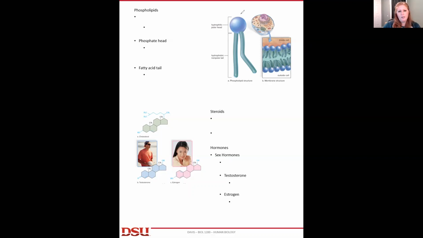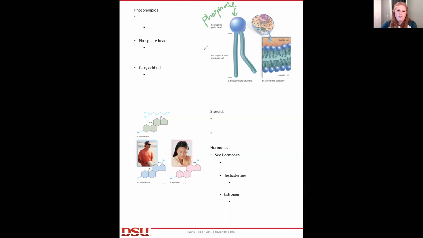So I'm actually going to take you over here to look at this first. Phospholipids have something called a phosphate head. That's what this is. It's a phosphate. The phosphate head is both hydrophilic and polar. So it likes water and it's polar, also like water.